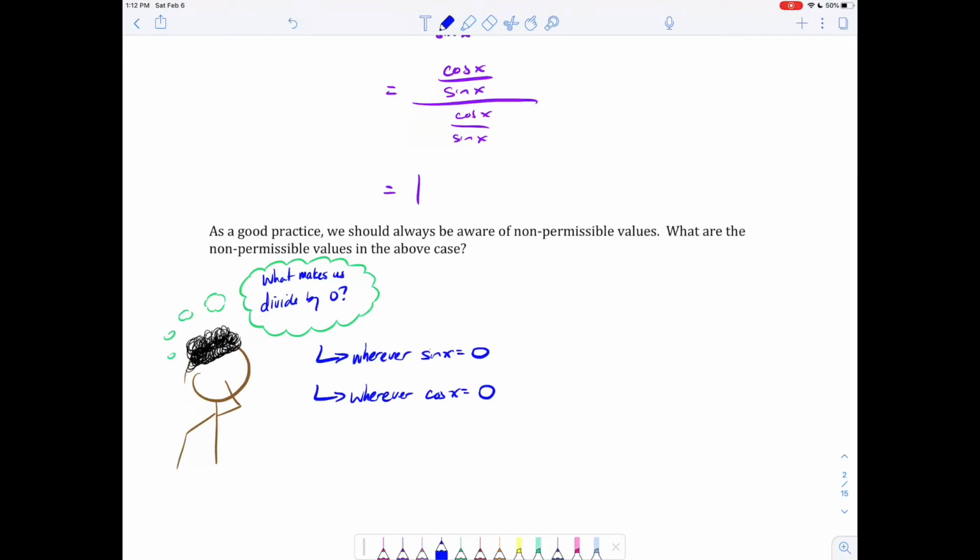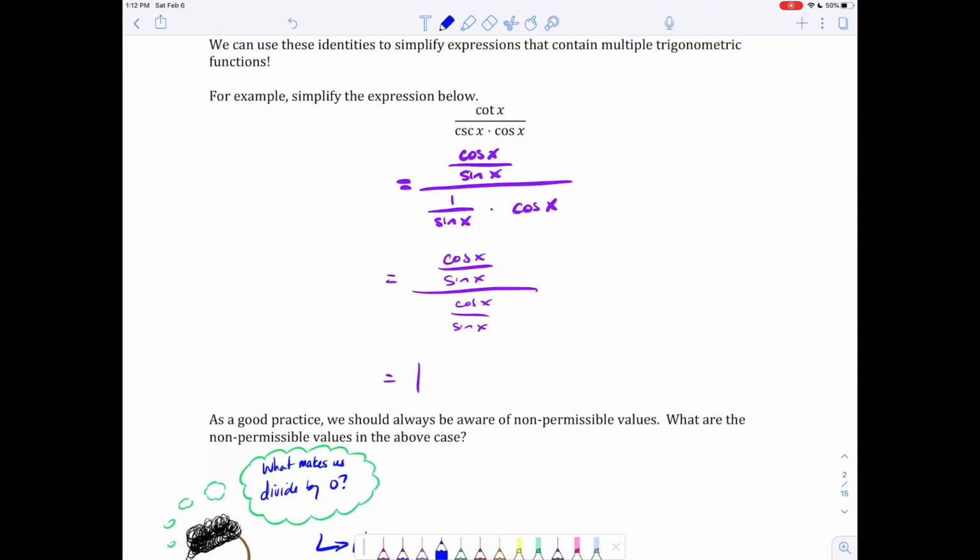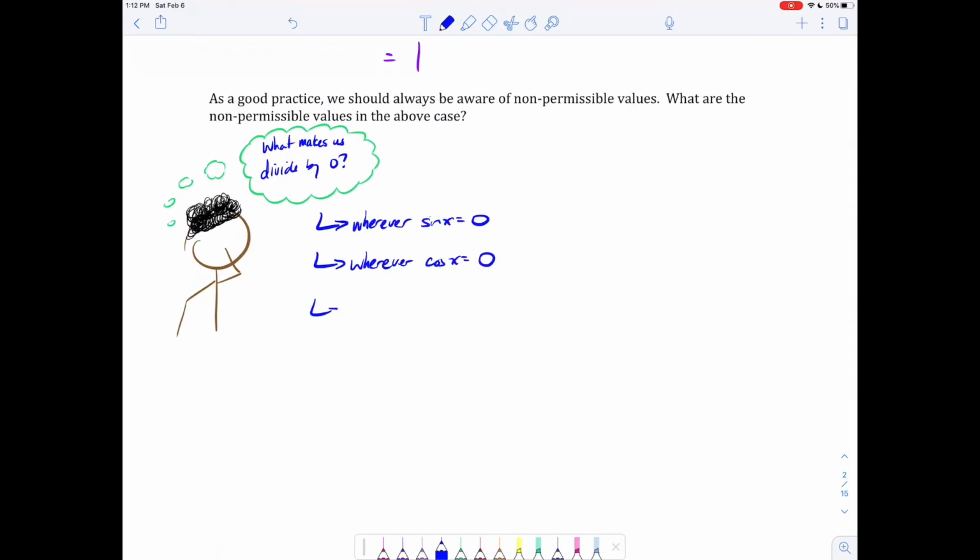And finally, we've got wherever cosecant of x is equal to 0. So if cosecant of x is equal to 0, then we're dividing by 0. All right, where did these things happen? We know how to solve this one.